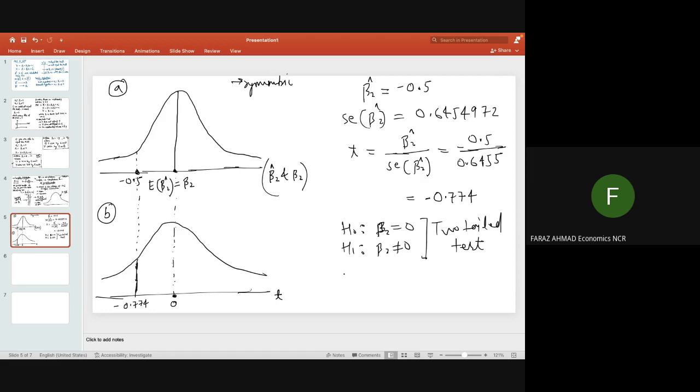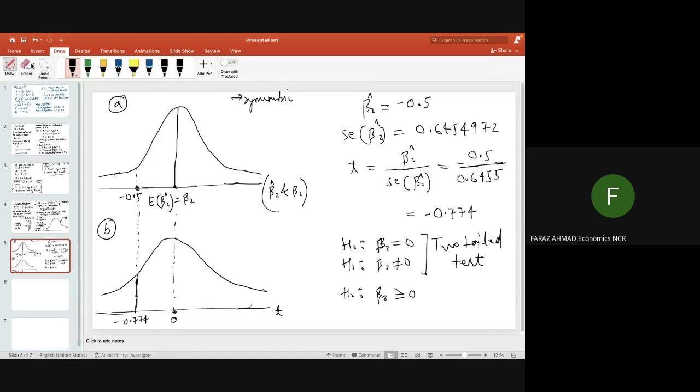We have an example of a one-tailed test. If we write it like this, beta 2 is greater than equal to 0, or let me put this sign, it's not the right way to write.